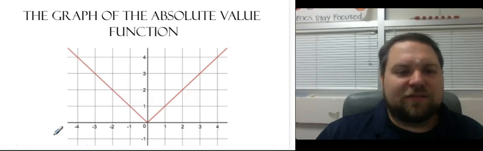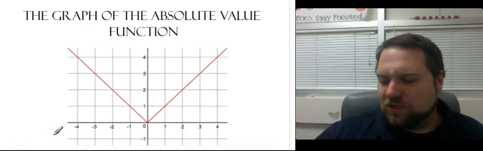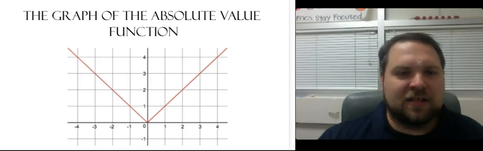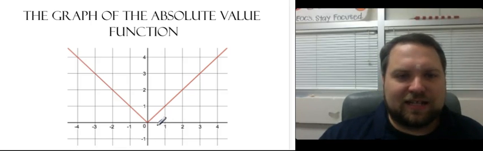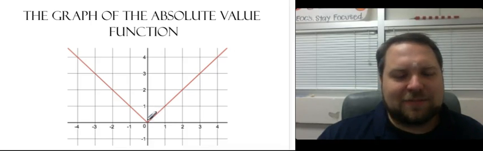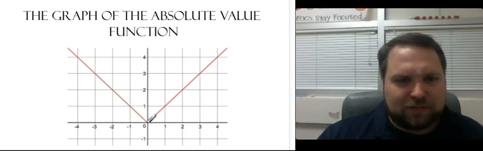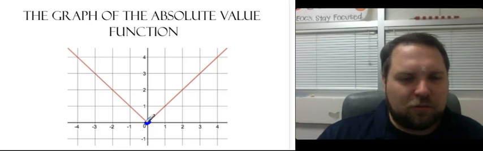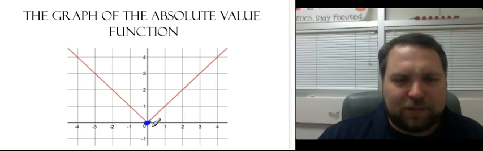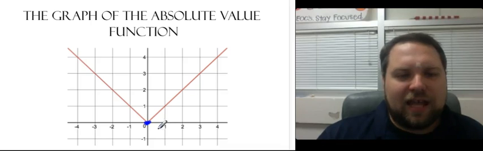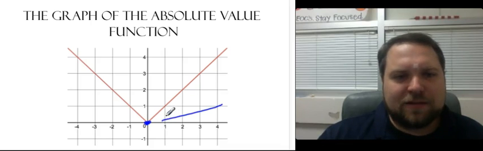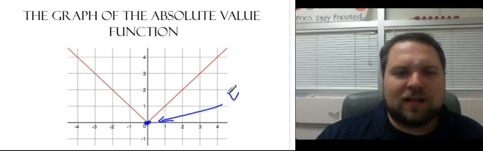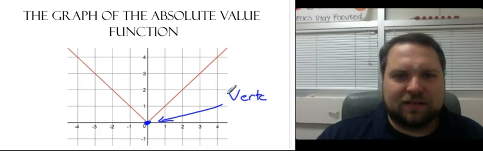So let's take a look at some of the features of this graph, because I do want you to have these memorized. The first thing that I need you to know about is this point right here. We said the absolute value function is V-shaped. And it does come to a point, not a rounded point, a sharp elbow like a V. And that point has a name. We call it the vertex.